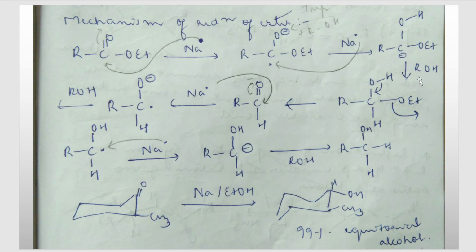Since we are doing this reaction in protic solvent, the protic solvent donates one more H plus ion, this time to the carbon, so we get an intermediate like this. In this intermediate there is elimination of EtOH: this bond will break here, the double bond will shift between carbon and oxygen, and H will go out as H plus.